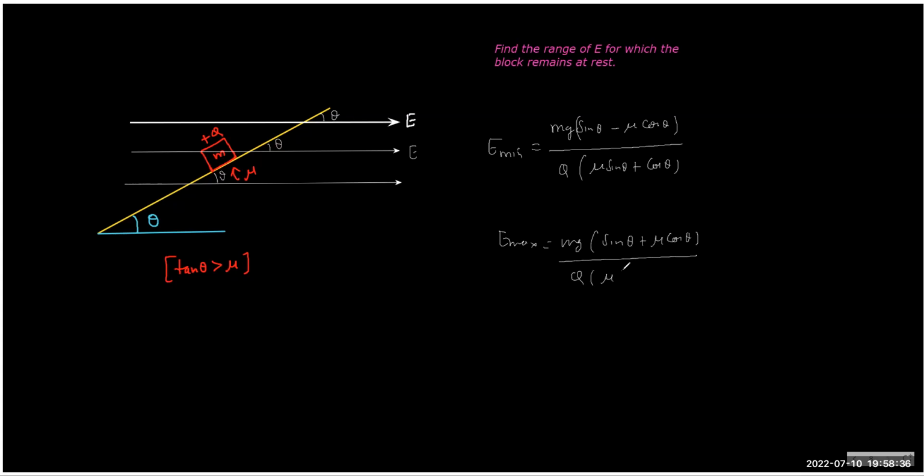So can anybody else confirm this, just for the sake of confirmation? I think this should be cos minus mu sin, right? Should come here like this. Yes, you have it wrong. Mu will be changed to minus.